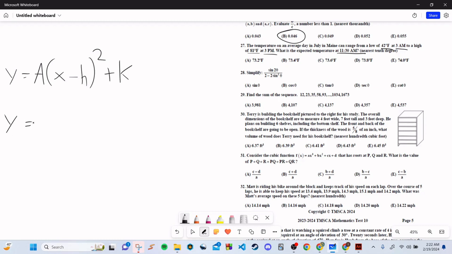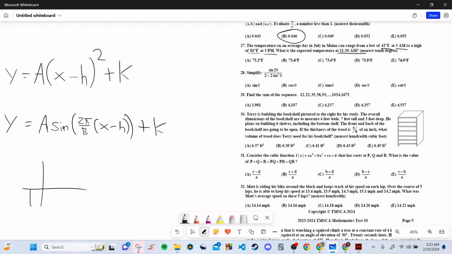For sinusoidal equations, we would have something like, I write it as A times sine of 2 pi over b times x minus h plus k. And so h and k are the same. They're the horizontal translation and the vertical translation. A is the amplitude. So typically a sine curve looks like this.